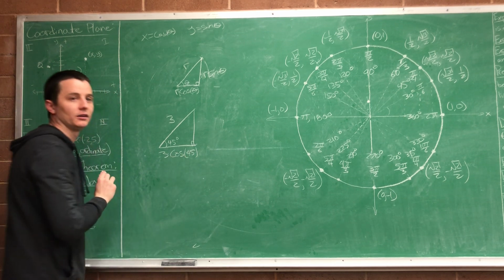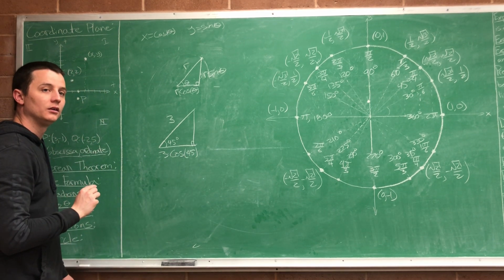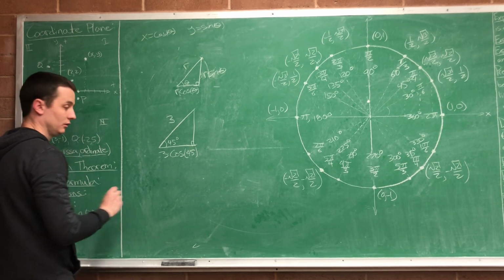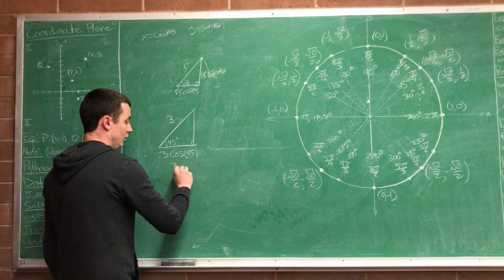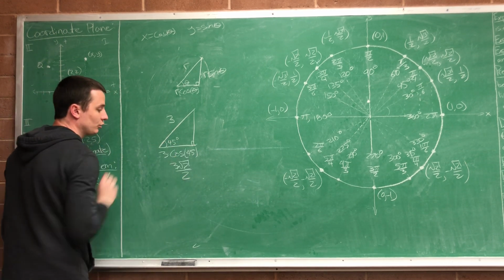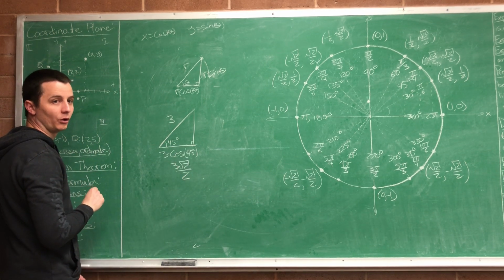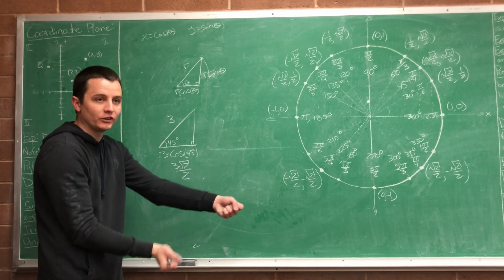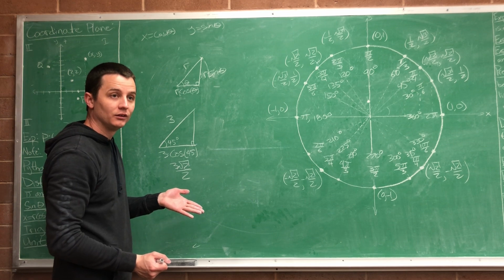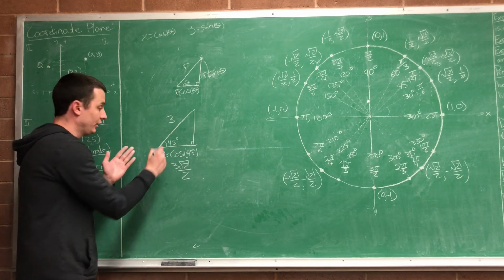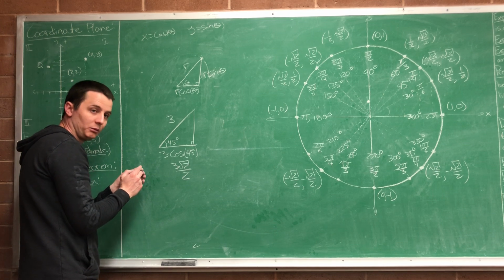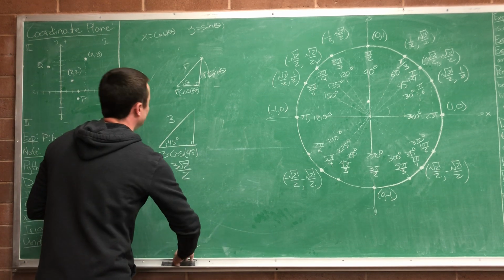So how big is this side? 3 square root of 2 over 2. So if this is 3 meters, then this is 3 square root of 2 over 2 meters. And so if you were actually out and you needed to measure out a triangle like this for some reason, here's how you can do your measurements. Figure out what that length's going to be. You with me? Okay.